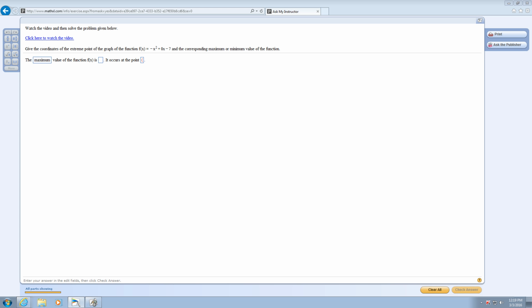Right? So let's see what this looks like, and then we'll go back and answer the question. Good thing about complete the square is you don't have to watch any video. You just do complete the square and you've got everything you need. 0, negative 7. 4 and 9. 7 and 1.